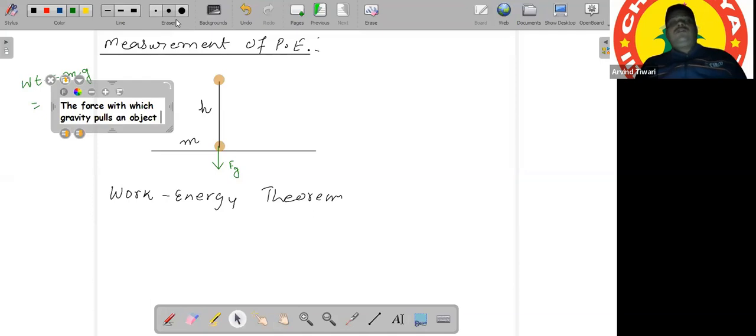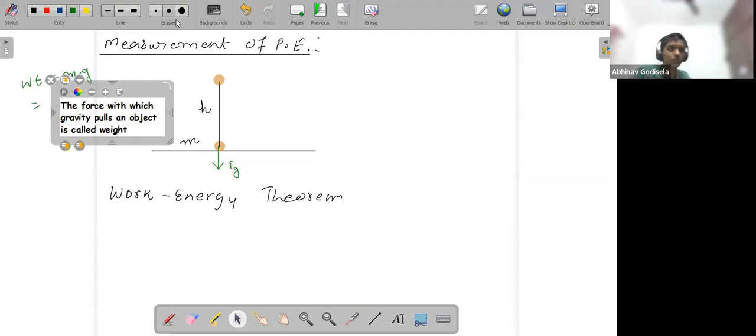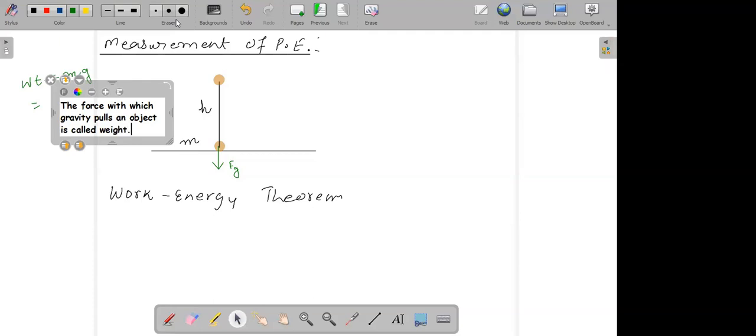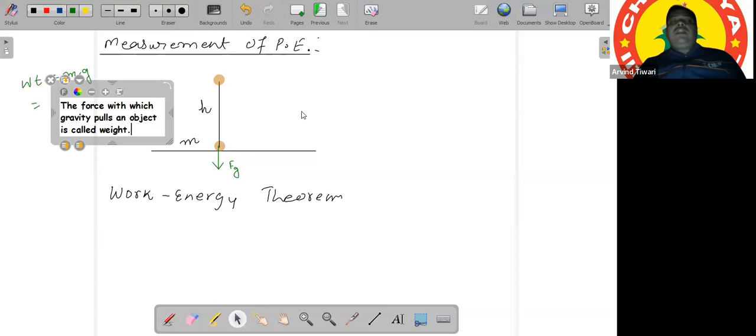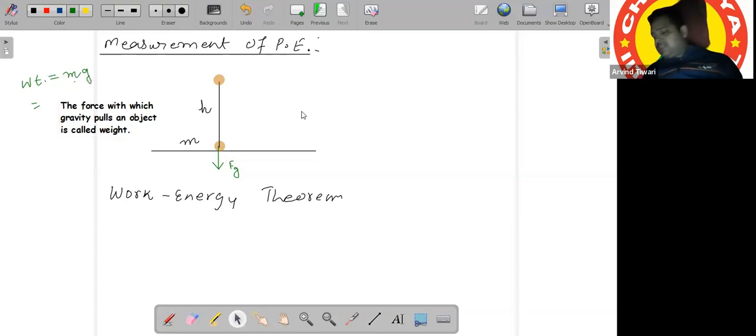The force with which gravity pulls an object is called weight. So this is the definition of weight.